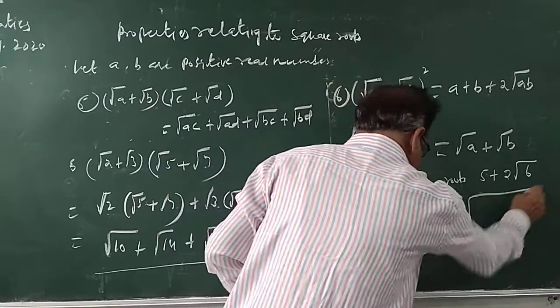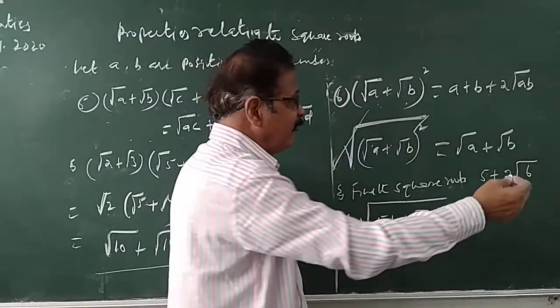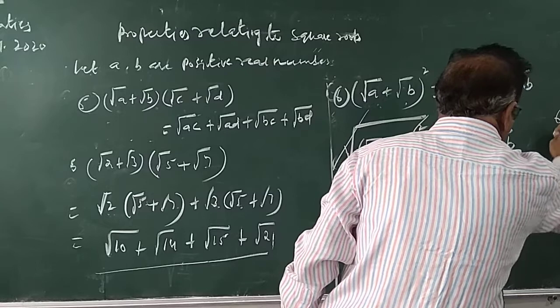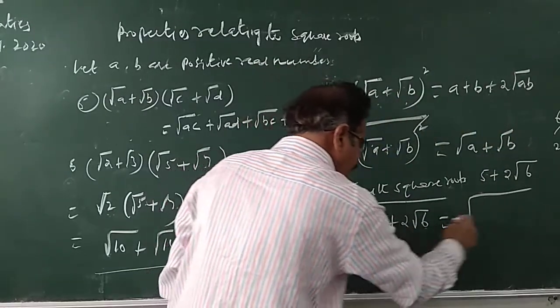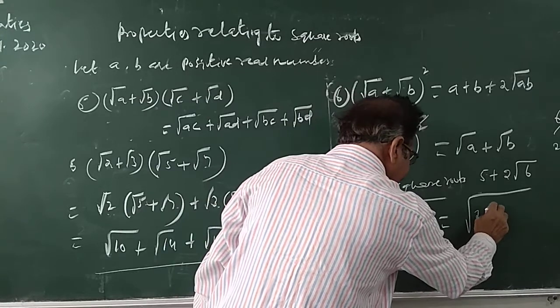So what are the factors of 6? You know 6 can be split into 2 times 3. And 5 can be written as 2 plus 3.